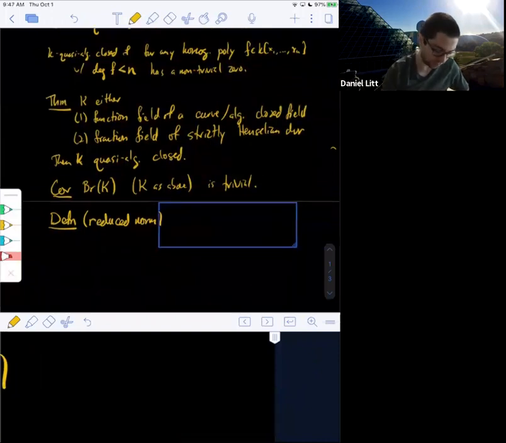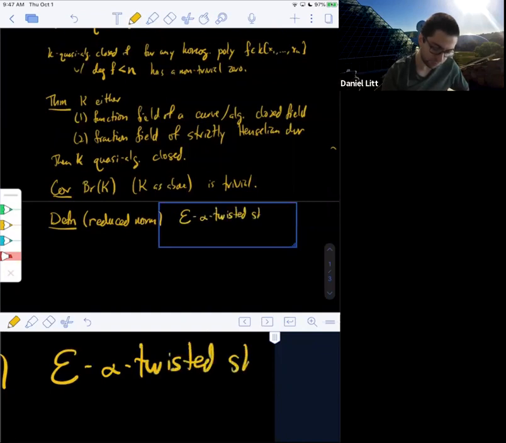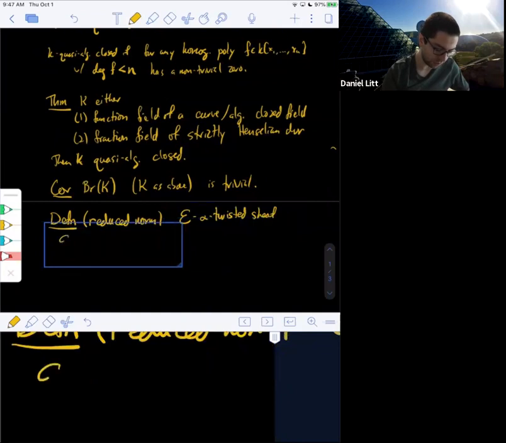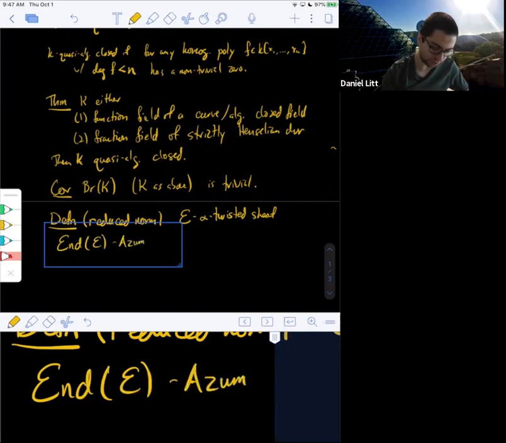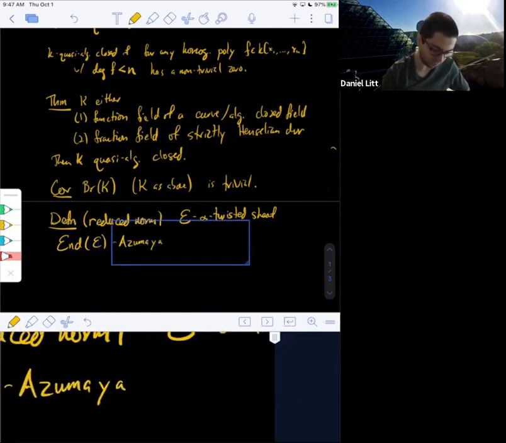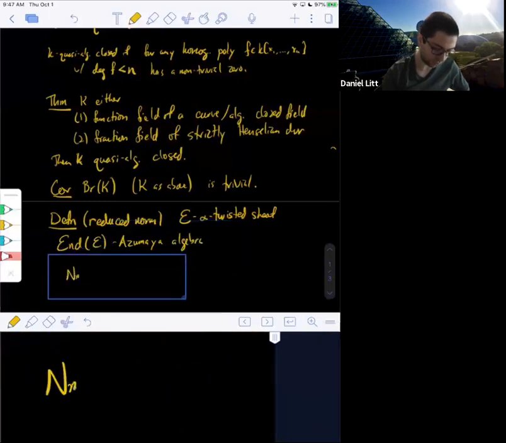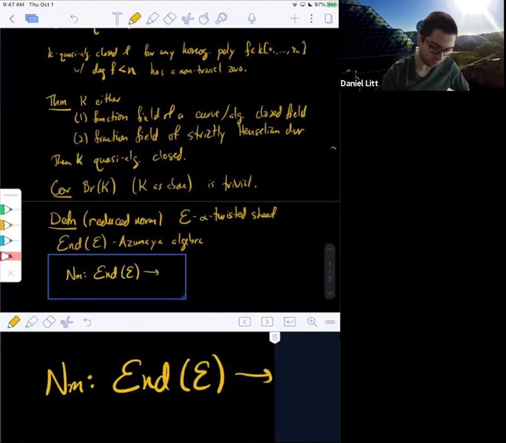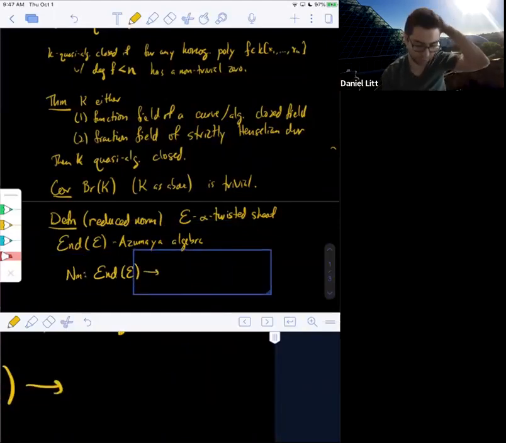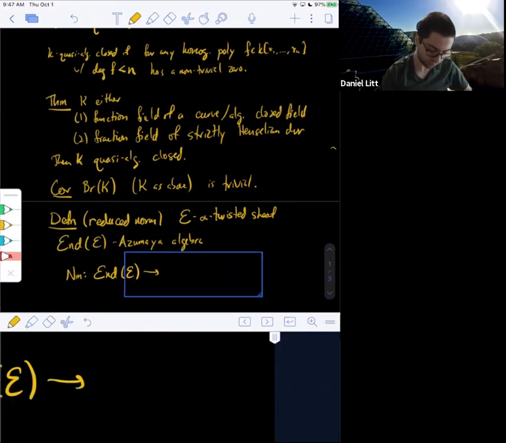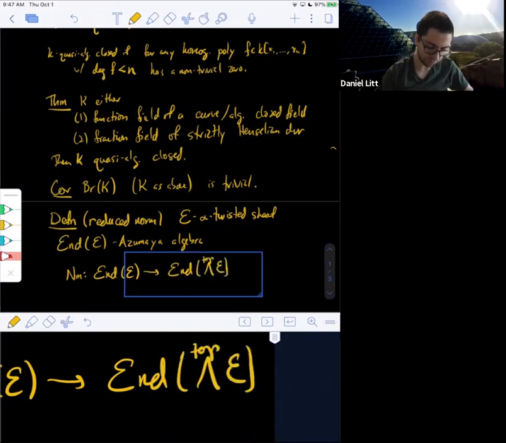So let E be an alpha-twisted sheaf. Then End(E) is an Azumaya algebra. That's just the endomorphism sheaf of E. Then the reduced norm, which I'll just call norm, is a multiplicative map from End(E) to End of the top exterior power of E. Well, what is this?